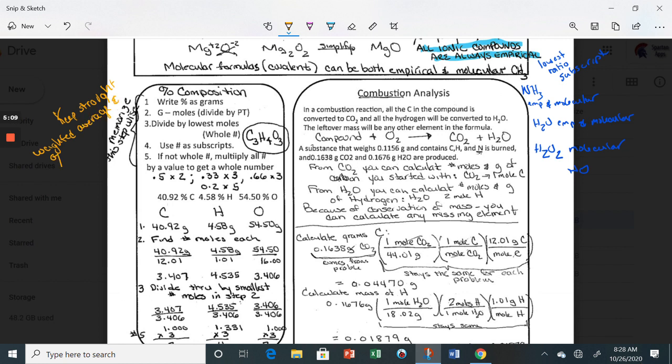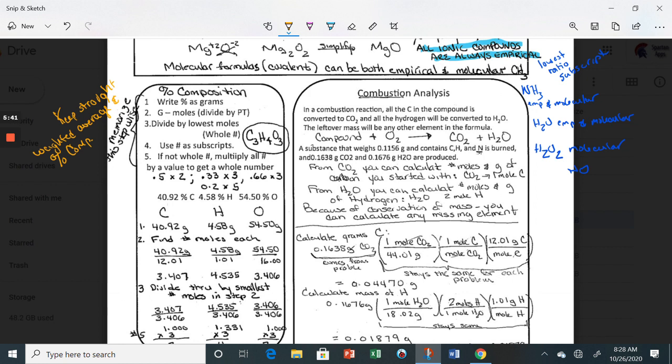So just make a little mental note that this can be confusing, so you better make sure you can compartmentalize the two different calculations in your brain, and you can readily recall how to do them. So when we do a percent composition, you're given percentages of each element that is involved in the composition of the material. And we go exactly by these steps. Right? You have to have the steps memorized.